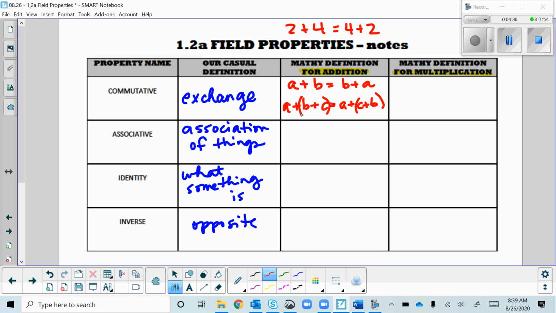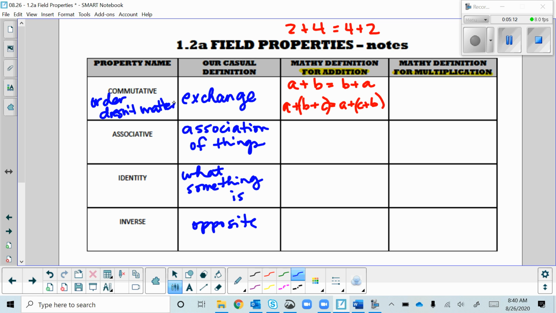So if I did B plus C on the left, then added it to A, it would give me the exact same answer as if on the right I did C plus B first in that order, and then added it to A. And so what I really want you to take home here is that when we're talking about commutative property, the order doesn't matter when you're adding.